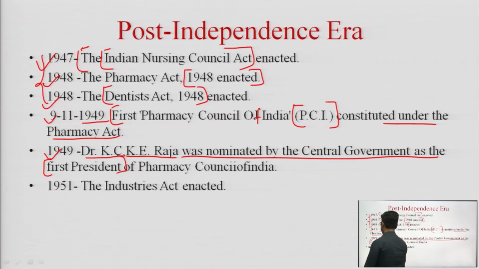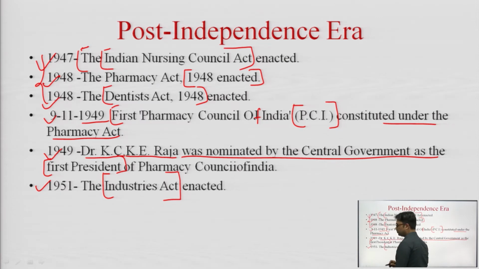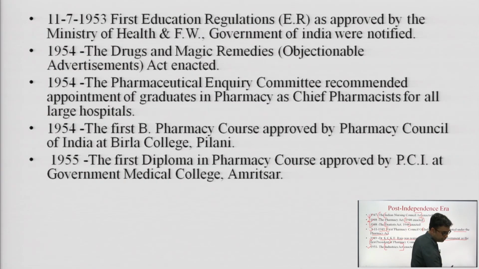In 1951, the Industries Act was enacted. This Industries Act is basically related to the pharmaceutical industries, those dealing with pharmaceutical drugs, and for them an act named the Industrial Act was enacted in 1951.